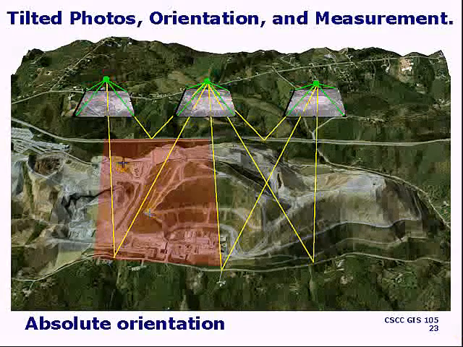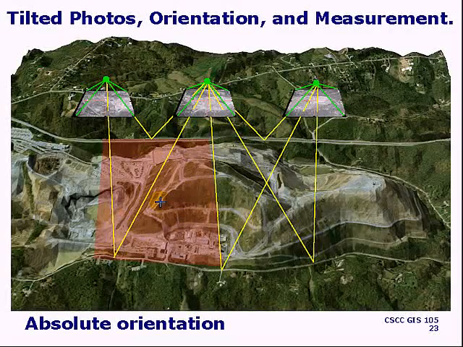So we have this three-dimensional model that I can view. Anywhere in there I can see 3D, and I can move around in it. If it's in color, it looks just like the real world. It's just a tiny representation of it.